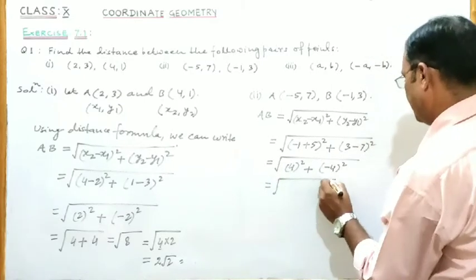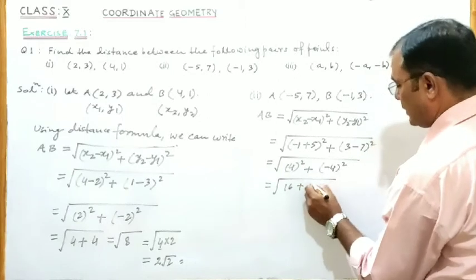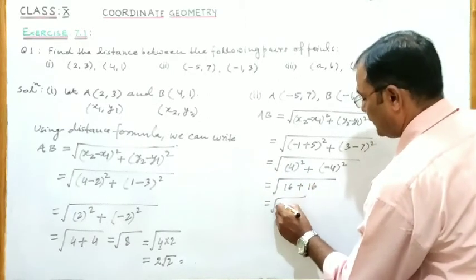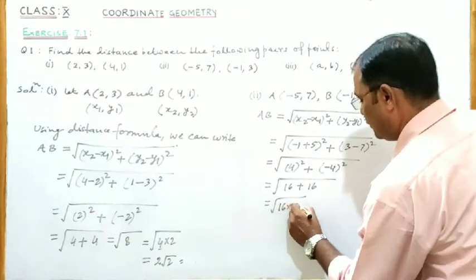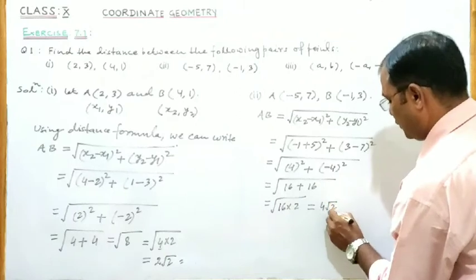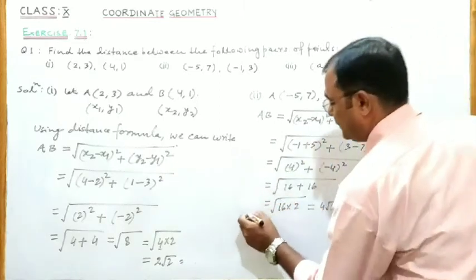This is equal to 16 plus 16, under root 16 into 2 you can write, and this is 4 root 2 units distance between two given points.